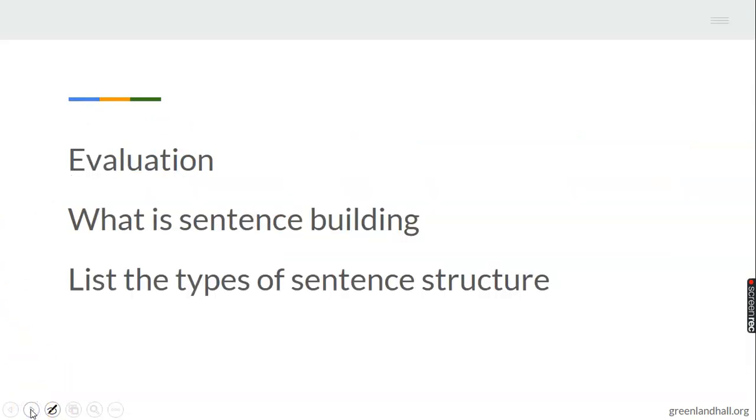Now, evaluation. What is sentence building, or we can call it sentence structure? Can I hear you again? Well, can you list the types of sentence structures that we have?